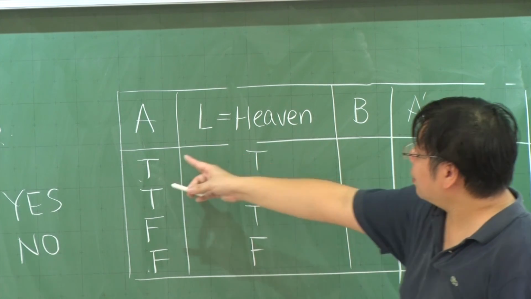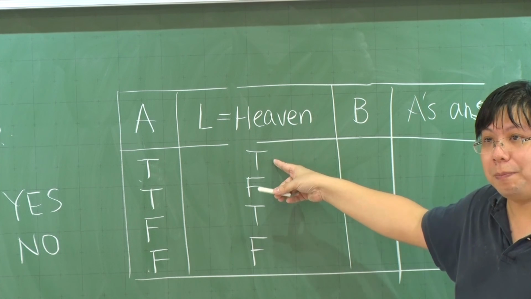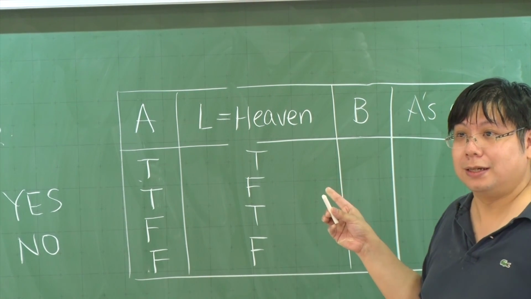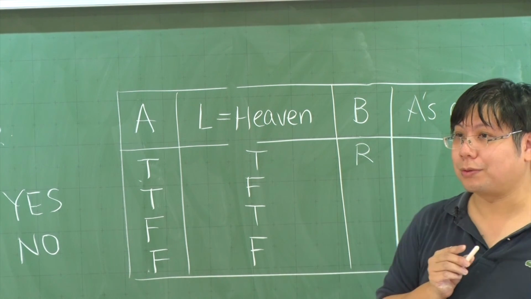If A is true type and left side is heaven, then B will say left side is not heaven. B will say right, you should go to the right side.